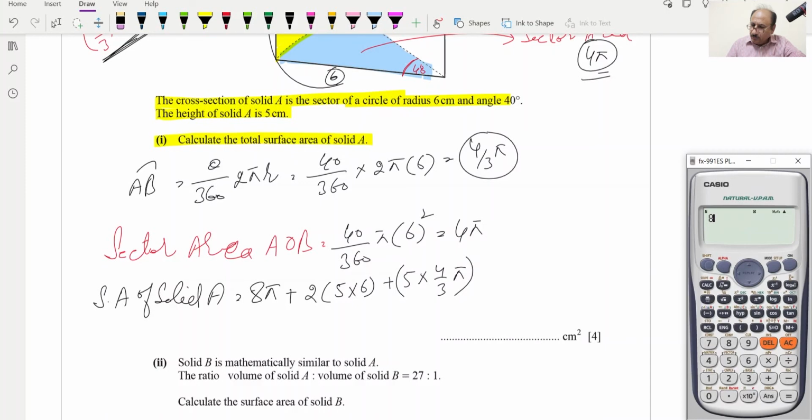So 8 pi plus 5 into 6 will be 30, into 2 will be 60, so plus 60. And further we can add, in brackets, 5 into 4 over 3 pi, and the bracket is closed.